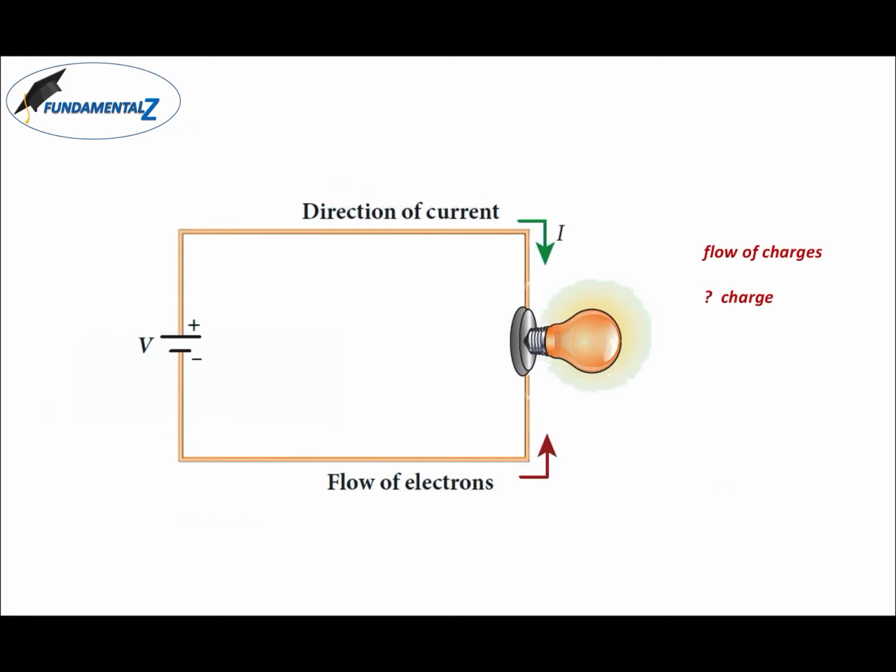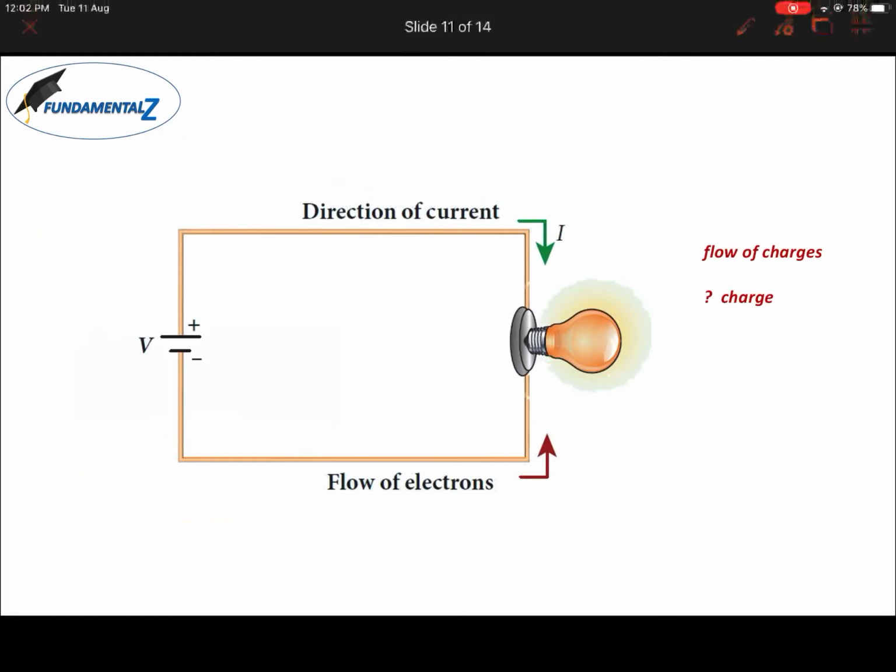So now we have seen that current flows in one direction and electrons flow in the other direction. But when I draw a circuit diagram, how will I represent it? Which direction should I represent? When you draw a circuit diagram, you should always represent the direction of the current. So if this is my circuit, inside this circuit, I will draw an arrow mark that represents the direction of flow of the current.